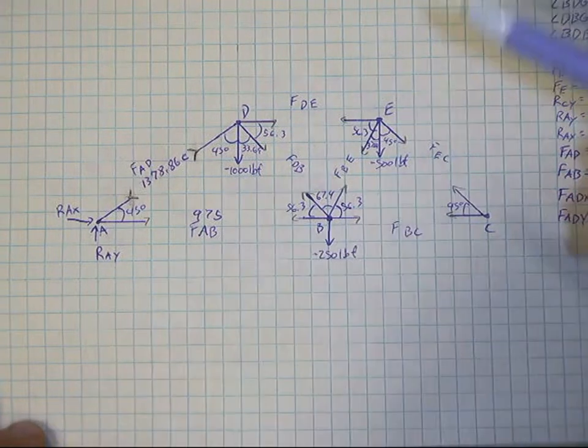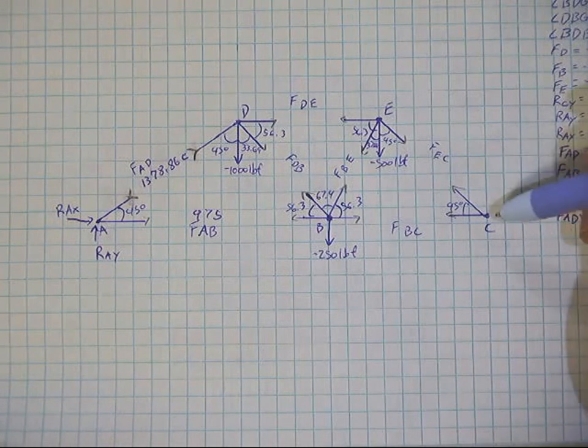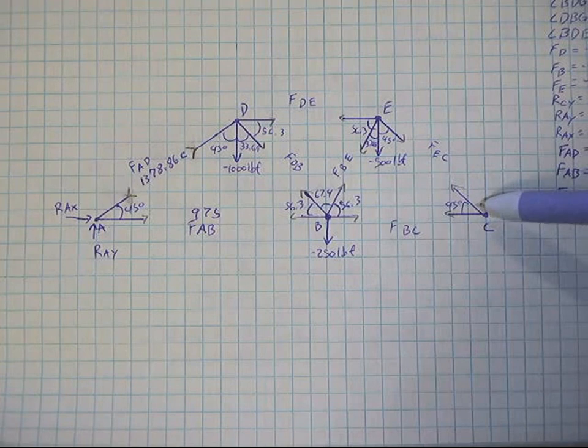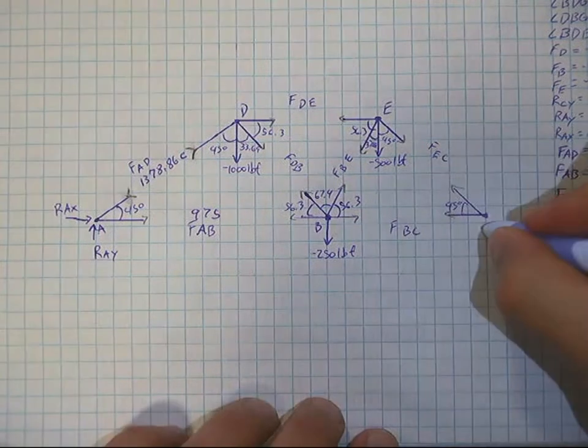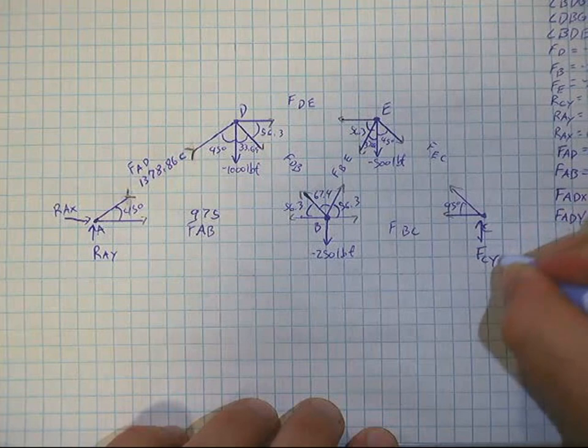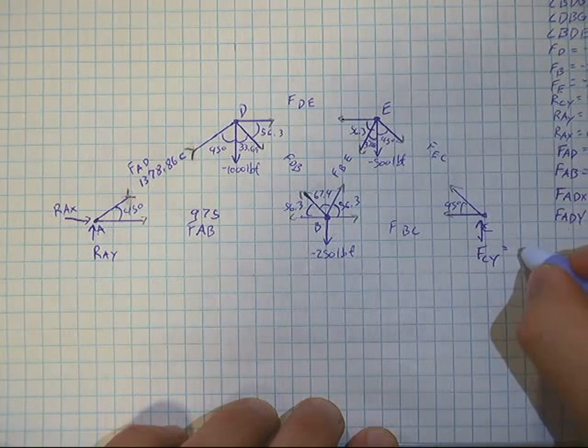Our next one that we can solve for, this one was incomplete, so we had FCY. FCY was 775.